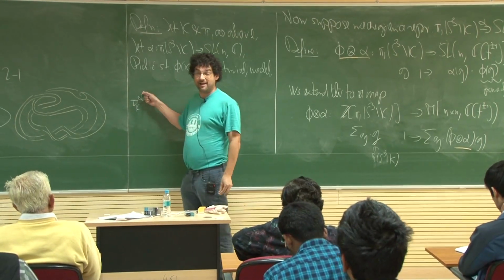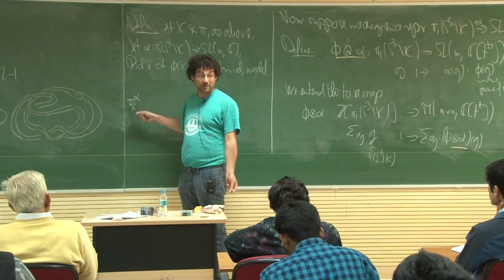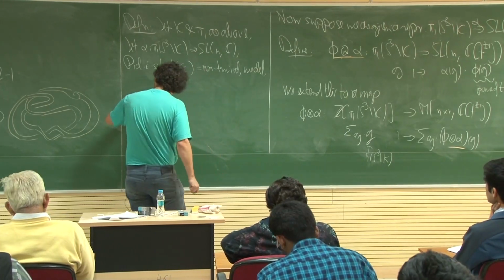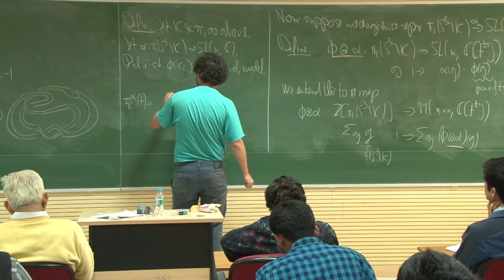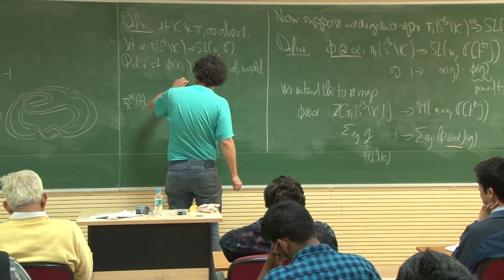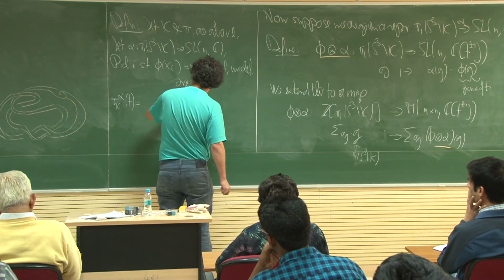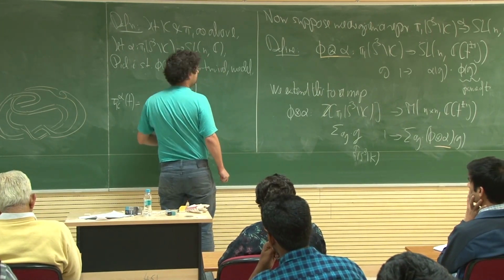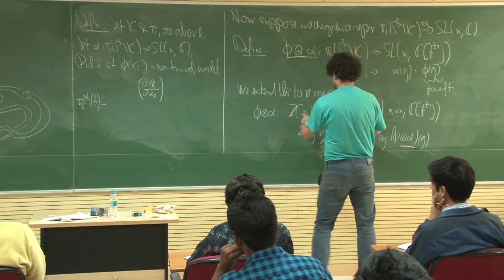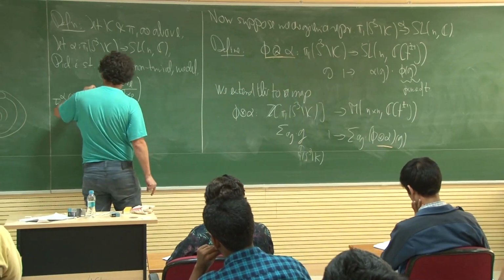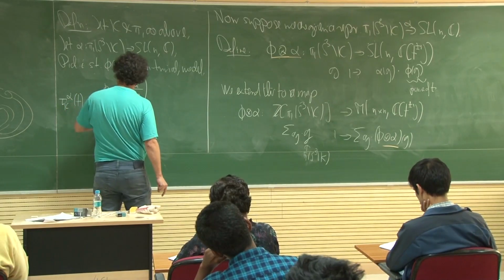Now put in an alpha to remember it's an invariant which depends on k and my representation. Now we take all partial derivatives. These are elements in the group ring, and I apply phi tensor alpha.